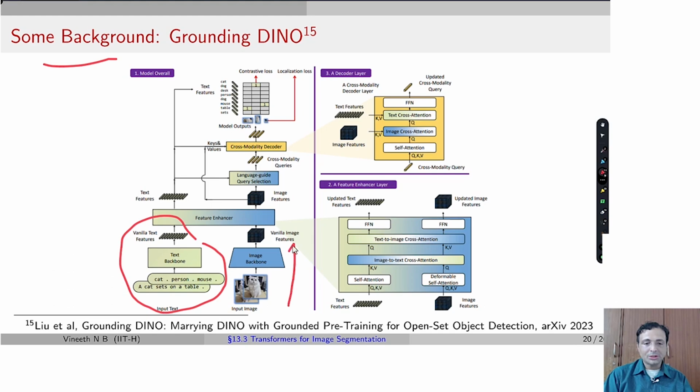In addition to your standard image features that go into a detector, they also allow input of text, which could be a series of words or even a caption, which get converted to text embeddings, which are then given as input to the transformer model, and then they go through a couple of cross modality attention modules, very similar to what we saw with a few other methods where they do text-image and image-text attention, and finally they have model outputs with a few changes in the loss function.